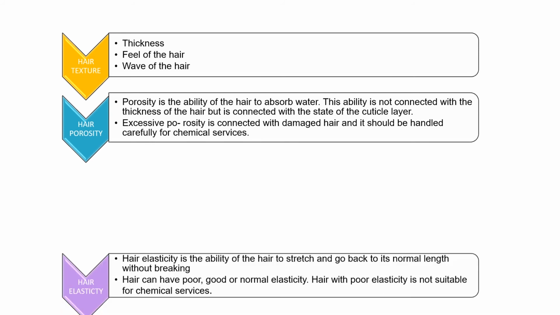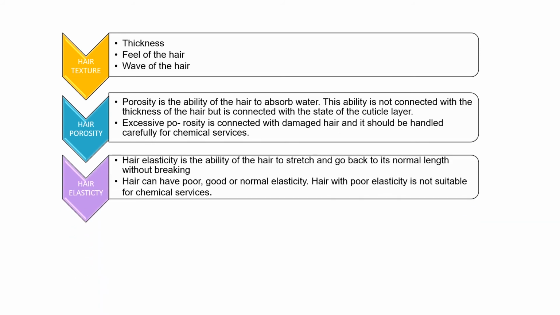Hair elasticity is the ability of the hair to stretch and go back to its normal length without breaking. Hair can have poor, good, or normal elasticity. Hair with poor elasticity is not suitable for chemical services.